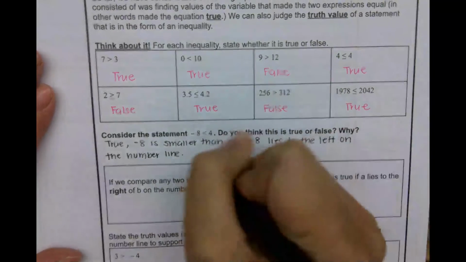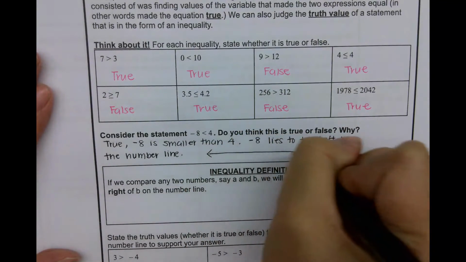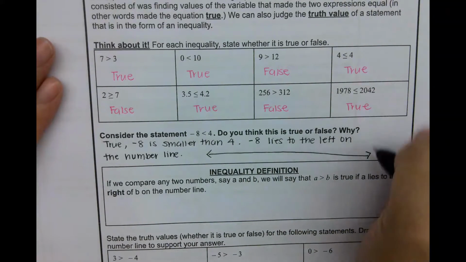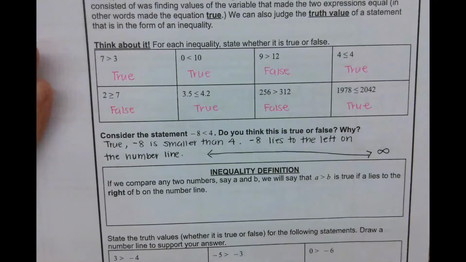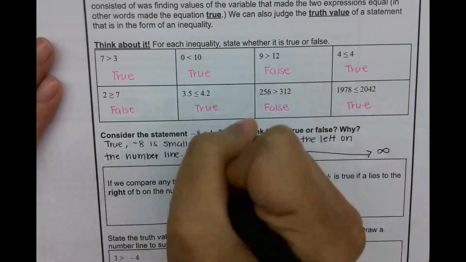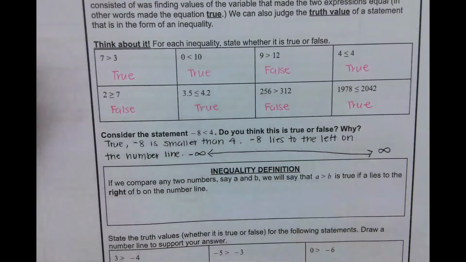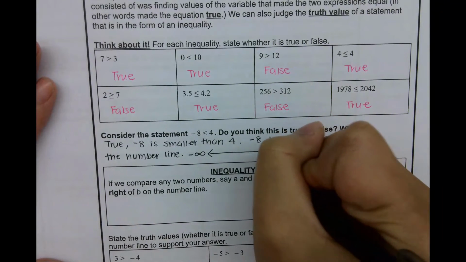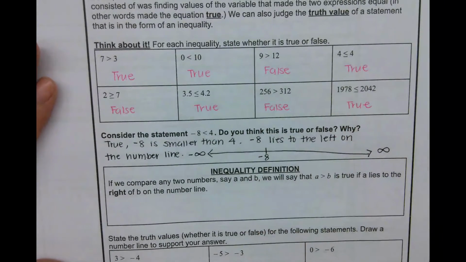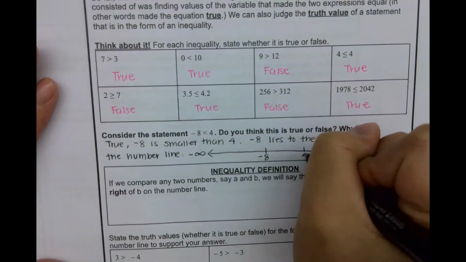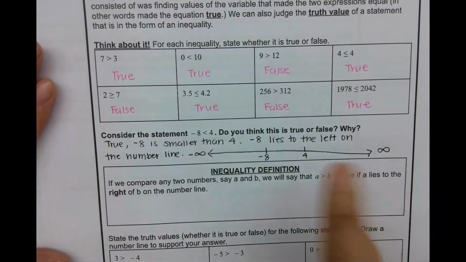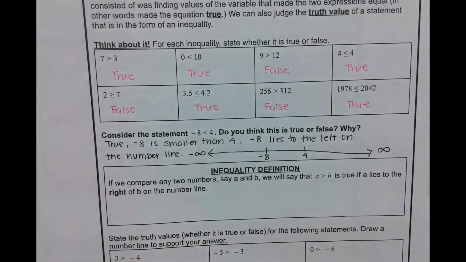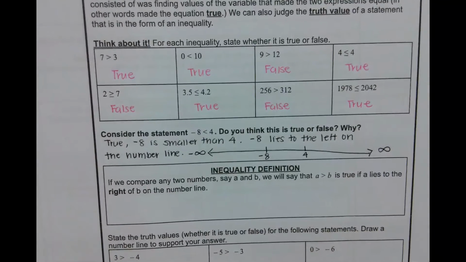If you think about a number line, on the right, we're going bigger and bigger towards positive infinity, and on the left, we're getting smaller and smaller towards negative infinity, right? If negative 8 is here, 4 is right here. All the numbers on the right are bigger, the numbers to the left are smaller. And that is why this statement is true.